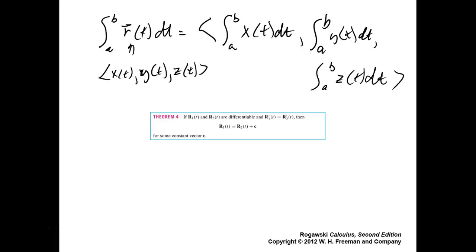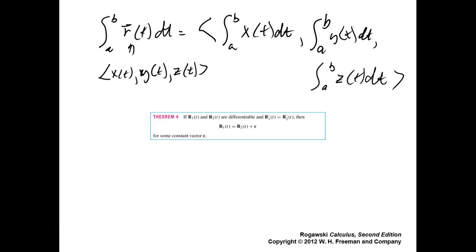The integral exists if each of the components, x of t, y of t, and z of t, is integrable. If any one of them isn't, then don't even try to integrate. You can't.